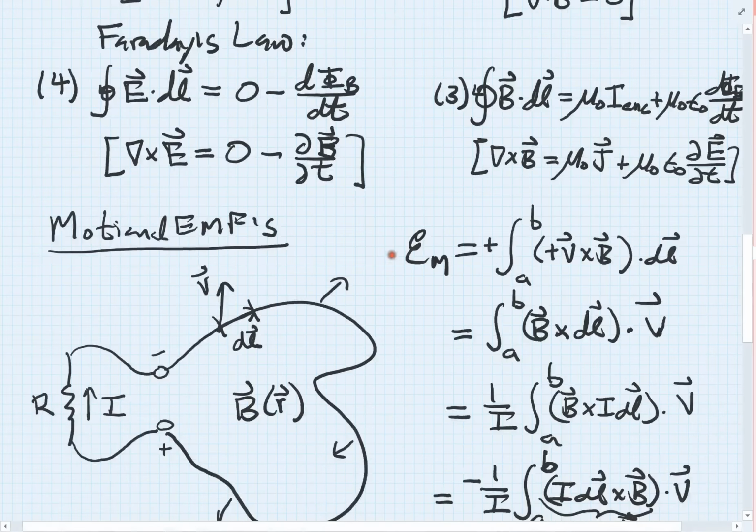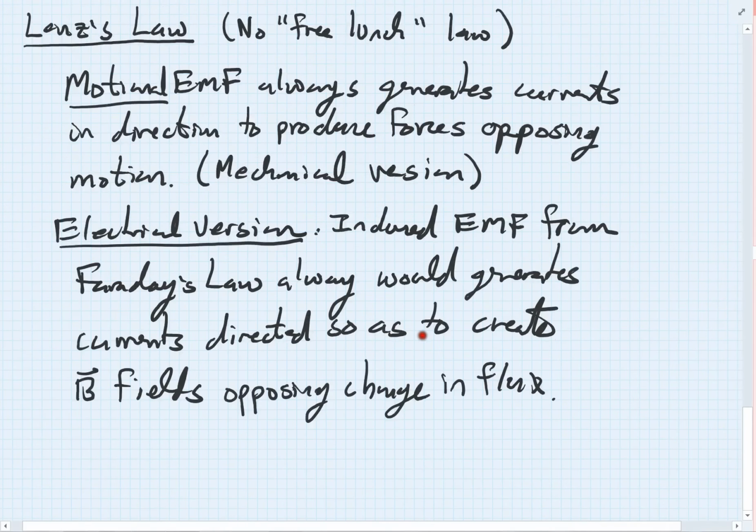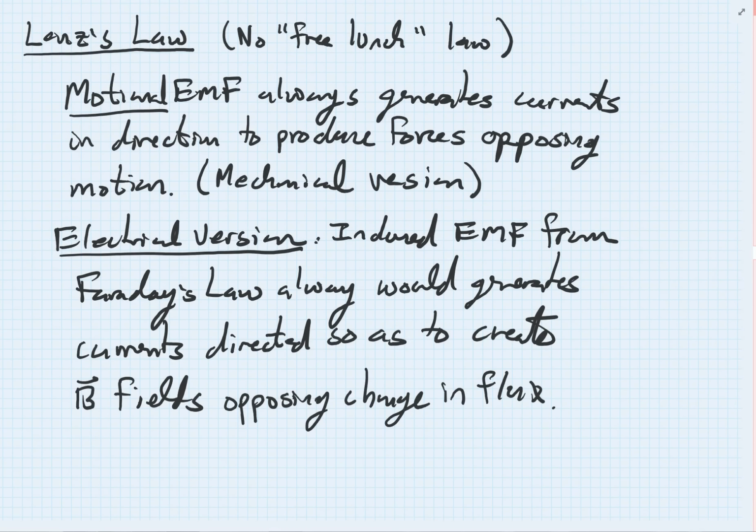So that is the essential content of Lenz's law, which is a very important law for determining basic signs and directions in problems involving changes in magnetic field, either through motion or through actual changes in the field itself.